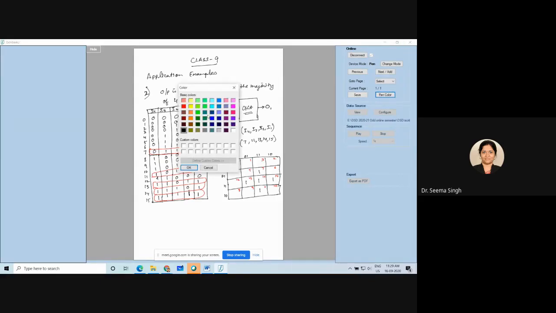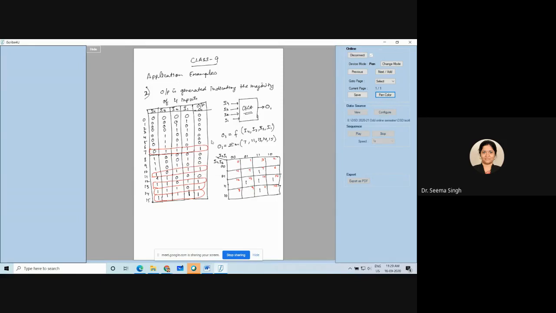Okay, we need to make a group now. So how many groups are made? 1, 2, 3, 4, right? These are all your 4 groups. Am I correct?